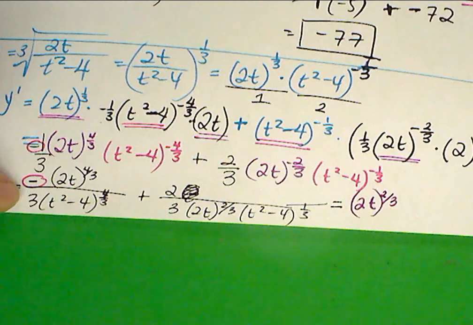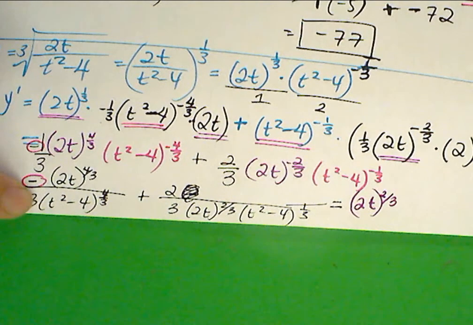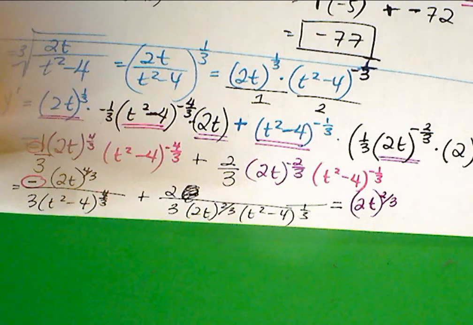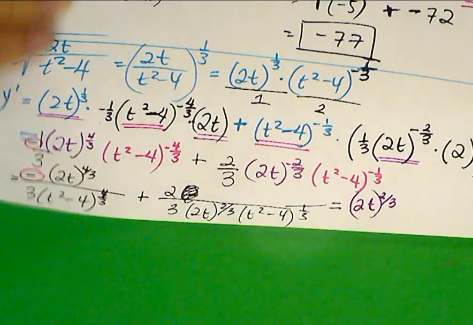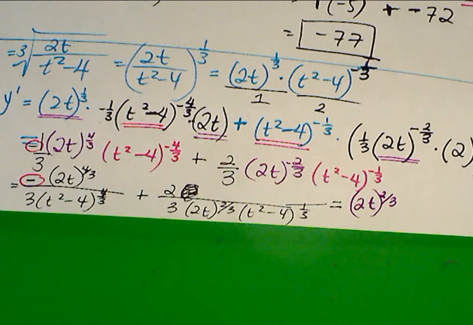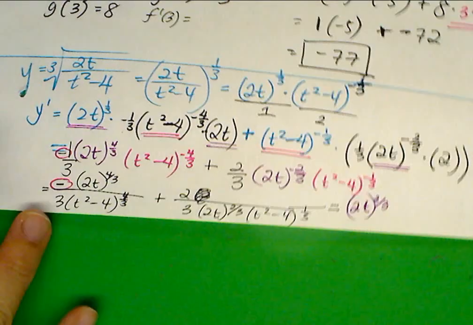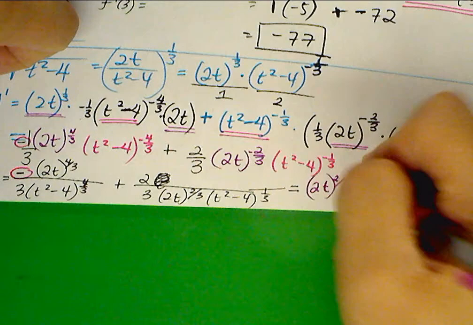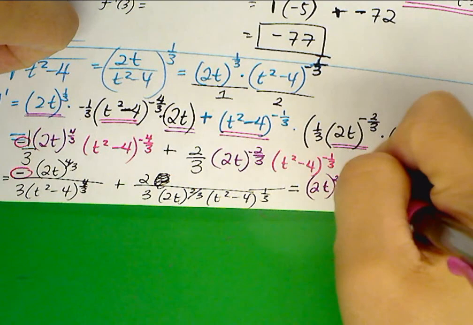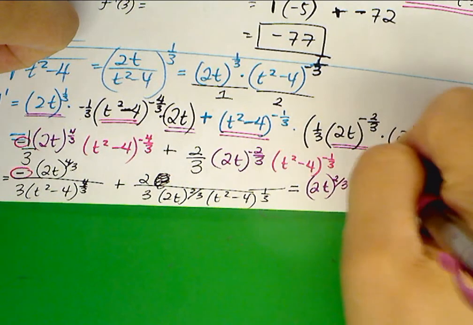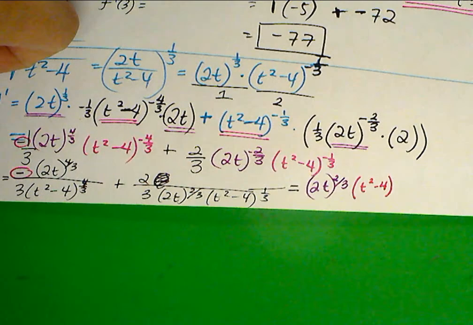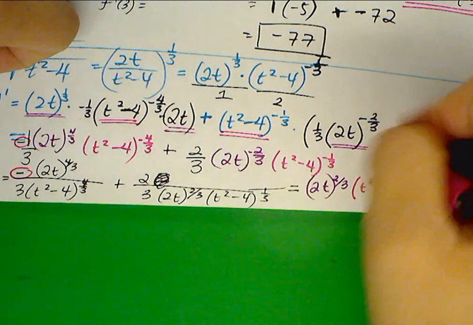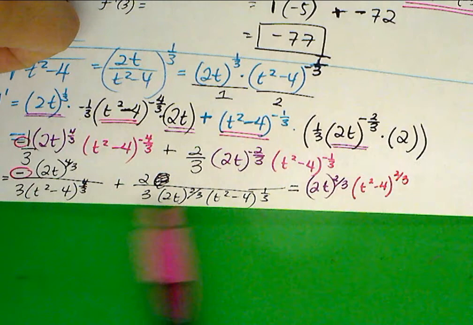I just wanted to see what it looked like, because now I'm factoring out from here or from here, from either one. Okay, so I'm gonna zoom out a little bit. Can you guys still see? Okay, I'm gonna take out 2/3 of this, and I'm gonna take out negative 2/3.